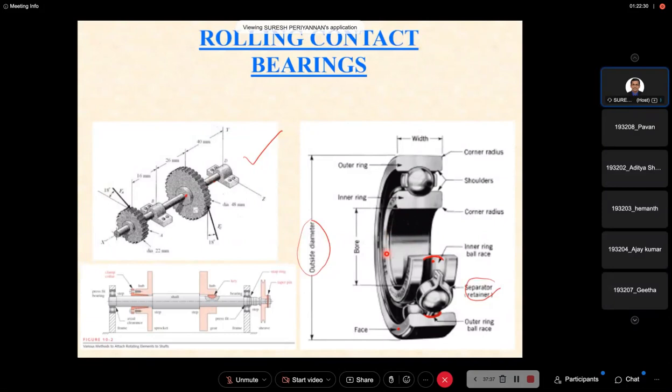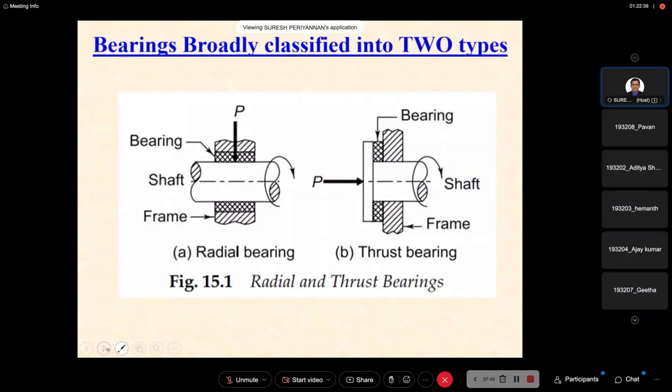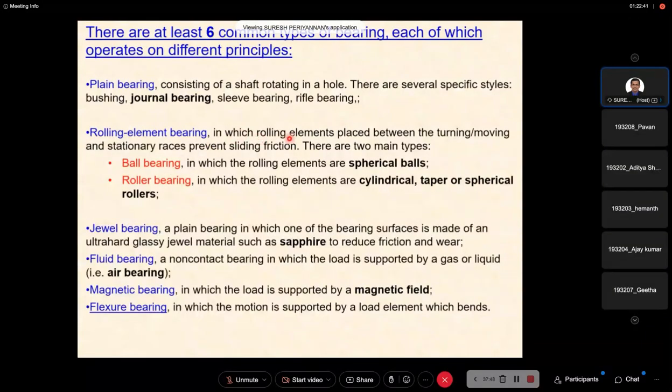This is a moving element. The balls are also moving elements, but this is a fixed element. When the rolling elements are placed between the turning and stationary races, we discussed the inner race and outer race. The outer race component is fixed on the support, but the inner race is fixed on the shaft. Hence, the inner race is the rotating, moving component.